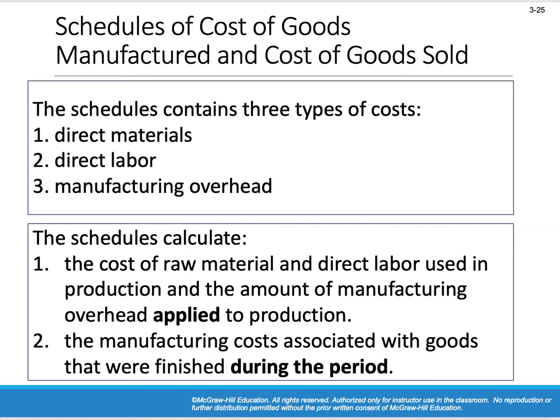once we use these schedules to calculate those costs, we can then use this cost of goods manufactured, cost of goods sold schedule to calculate the manufacturing costs that we're going to associate with the finished goods, right?